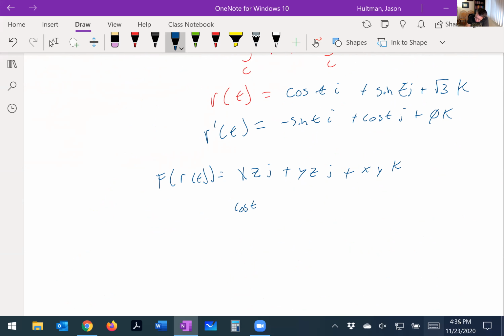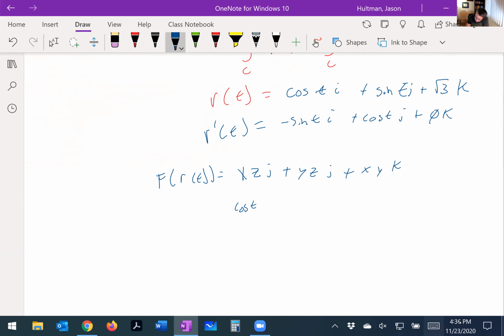What is z? z is radical 3. Plus what's y? y is sine t. z is radical 3. And this is going to be cosine t, sine t, k, right? So this is i, j, k.